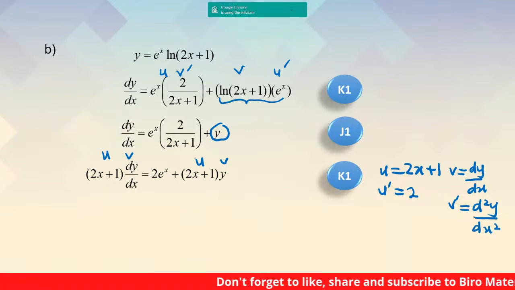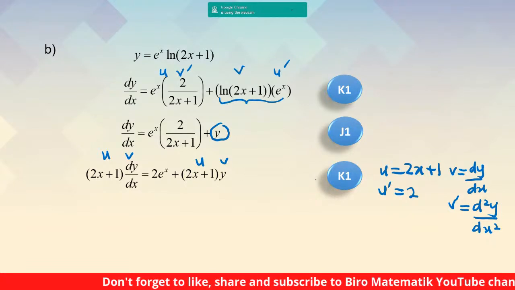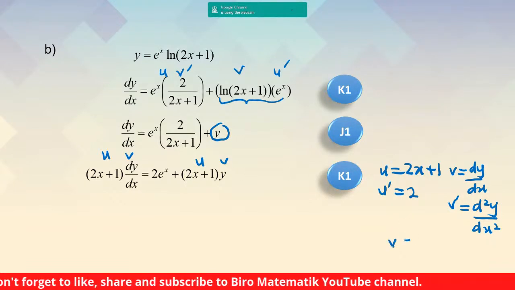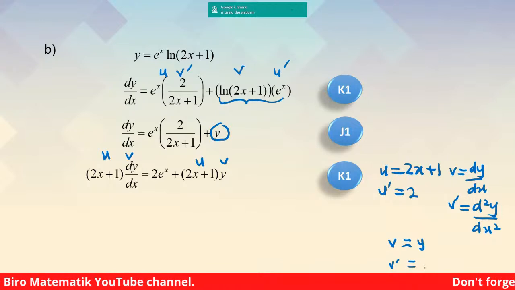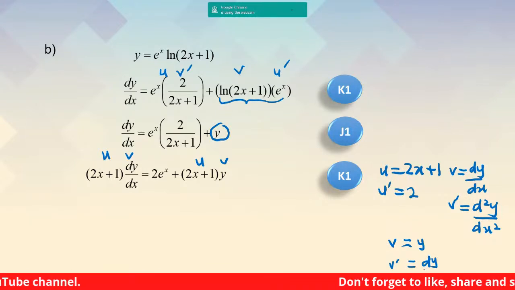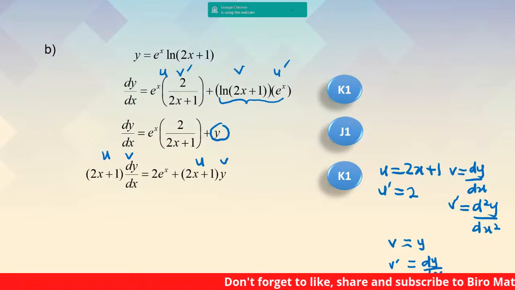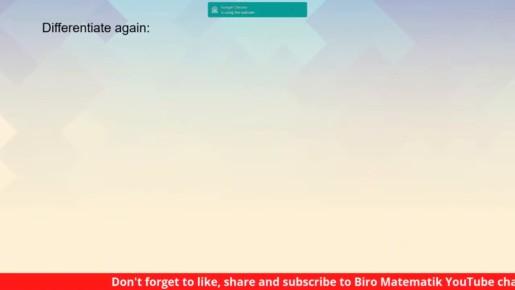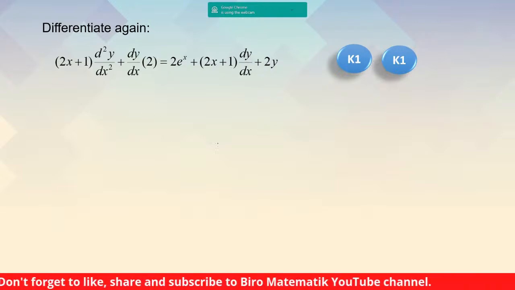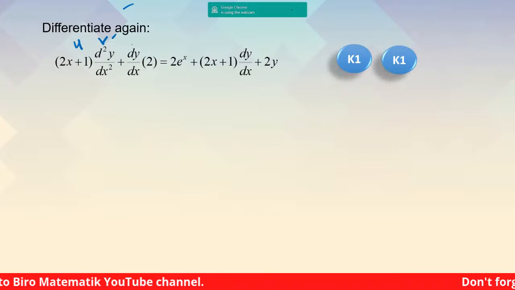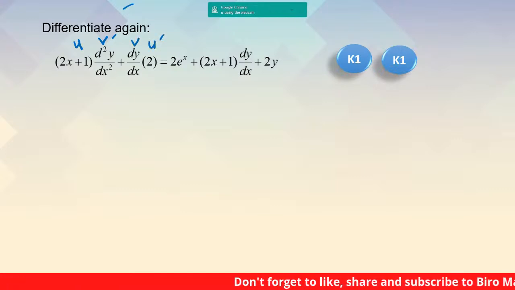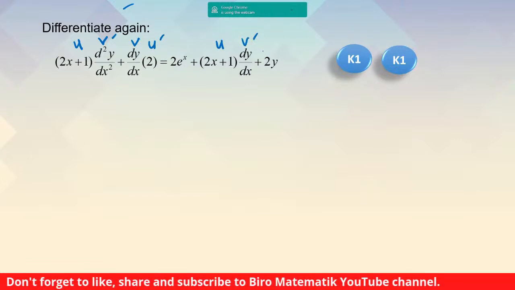And then for 2x plus 1 times y, the same u, and then v is y, v prime is dy over dx. Now substitute u v prime plus v u prime, and this one u v prime plus v u prime.